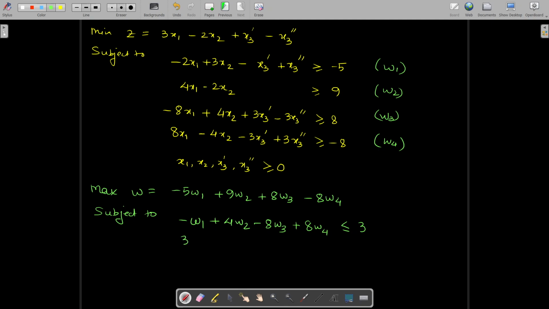Next one, 3w1 minus 2w2 plus 4w3 minus 4w4 less or equal to the coefficient, that is minus 2.